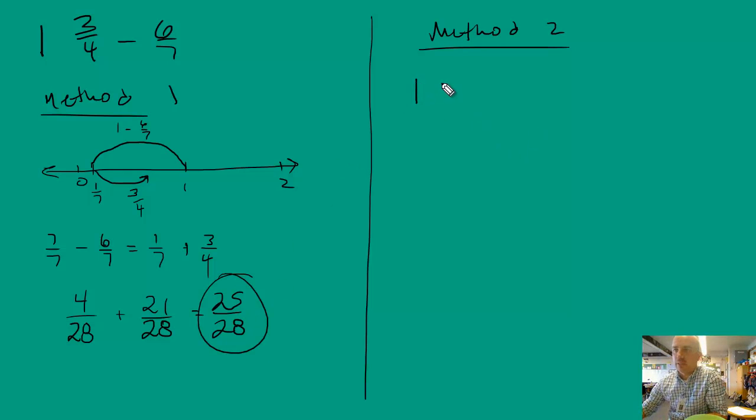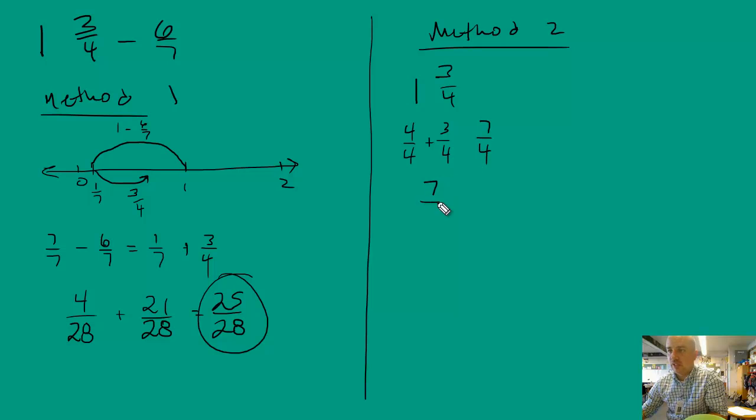Method 2, I'm going to take my 1 and 3/4, and I'm going to turn that into how many fourths I have. So my 1 is 4/4 and 3/4. And so how many total fourths do I have? Well, I have 7/4.